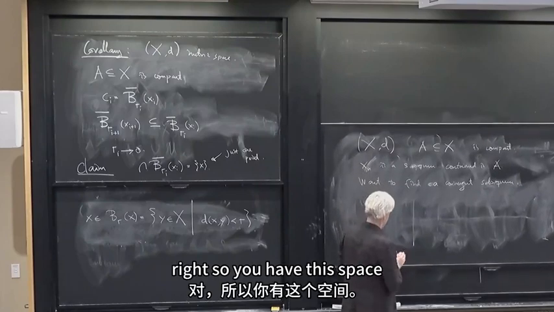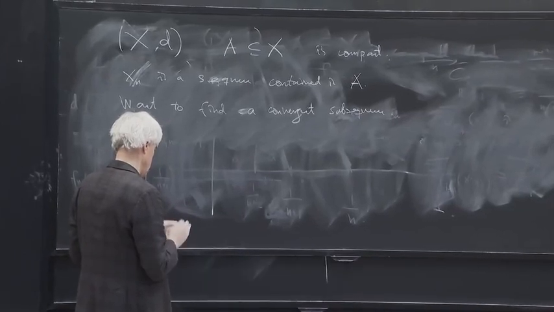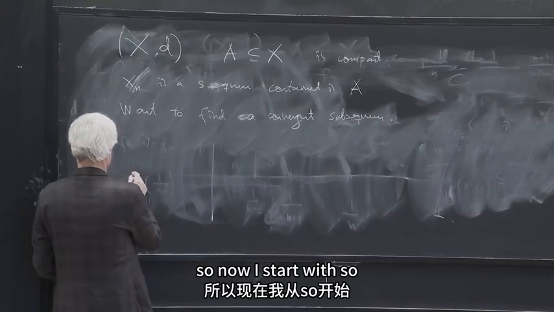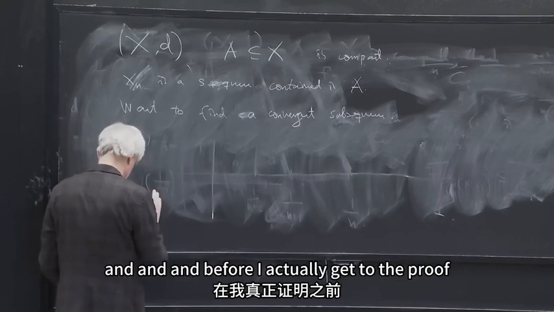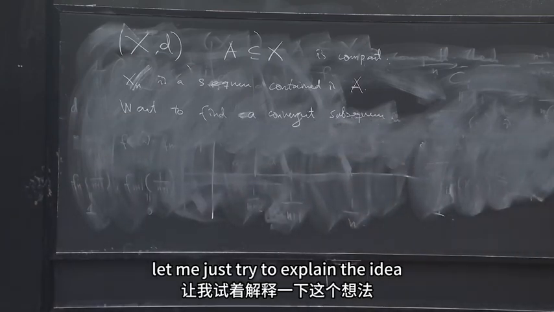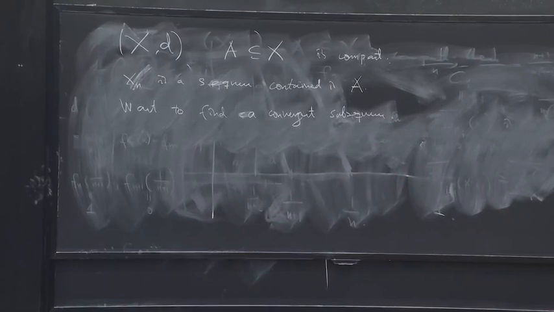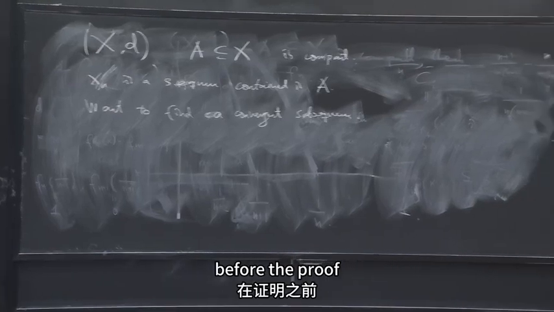So you have this space, you have the subset that's compact, and you are given a sequence. So now, before I actually get to the proof, let me just try to explain the idea.